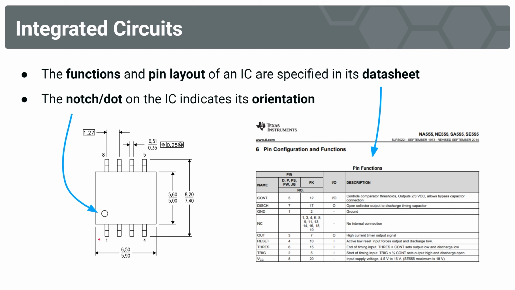So if you were to then reference the data sheet, you would look somewhere and find the pin function table, which is going to list the pins, what they do, and their numbers. Again, the notch will help you identify the pin number on the table relative to the physical design, as well as this pin layout diagram or pinout diagram.